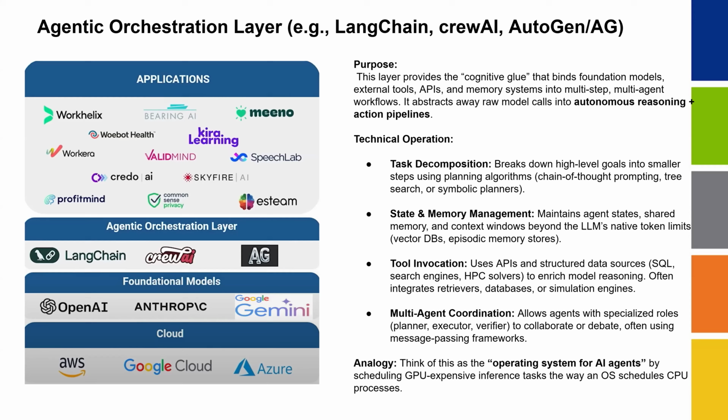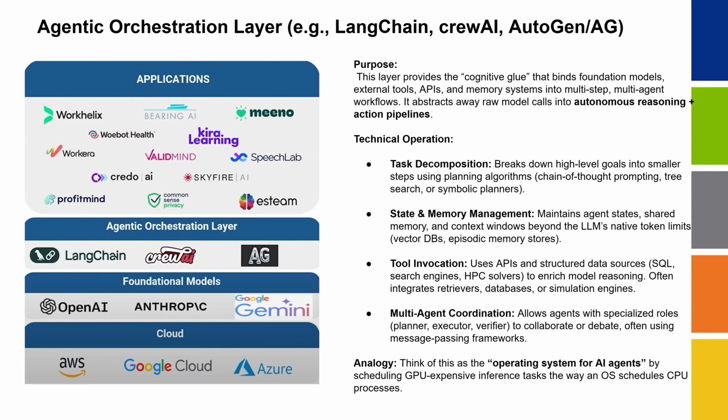You do not require very high compute to host this orchestration layer. For an intermediate level of agentic system, you can very much host it on CPUs. Like an operating system, it schedules GPU-expensive inference tasks the way an OS schedules CPU processes.